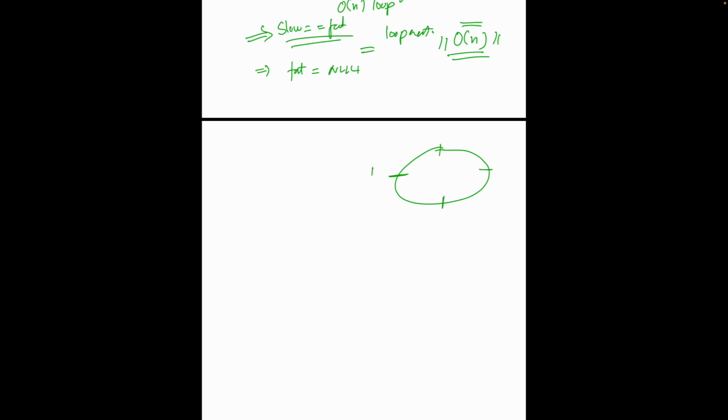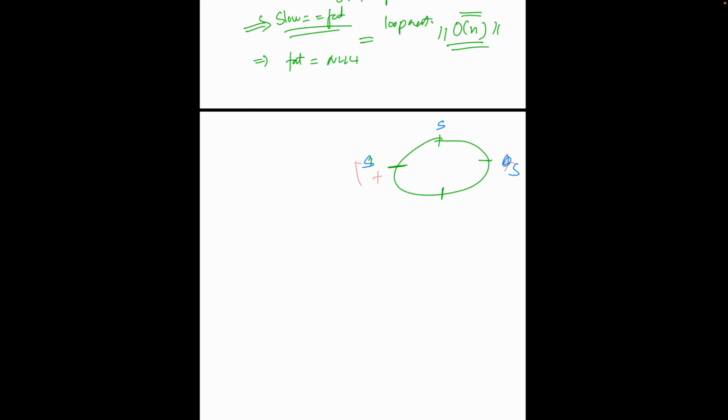Let's say you were here. Slow, and this is fast. If you both start at the same time, then slow will go here, fast will go here. Then slow will come here, fast will go here.